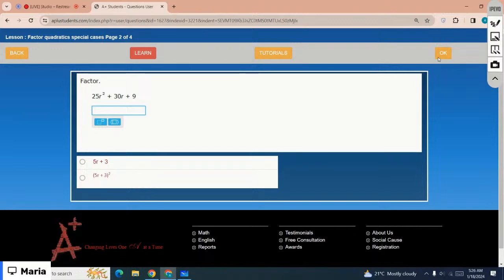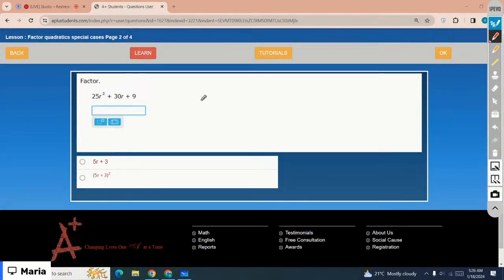Okay, 25r square plus 30r plus 9. So 25r square, that is the square of 5r. Just look at this one, that is the square of 3. Now you have to see 2 times A, where A is 5r, and B is 3, right? 3 times 2 is 6 and 6 times 5 is 30, right?